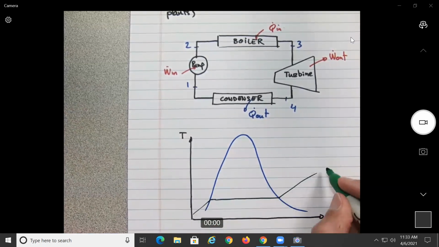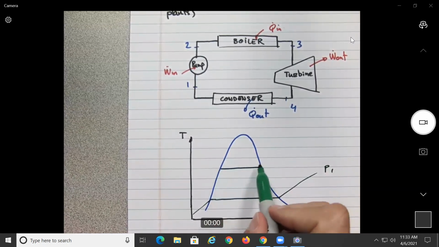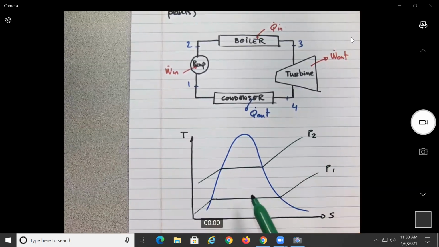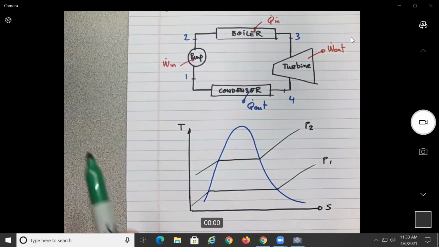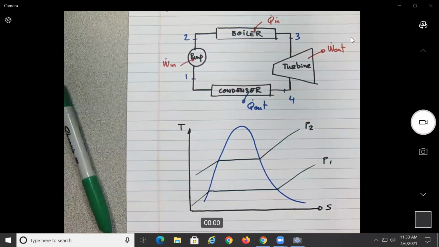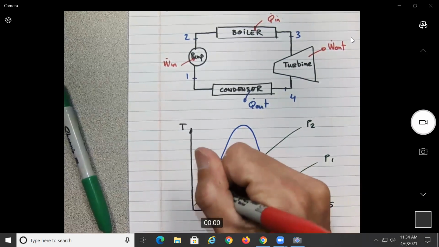So this could be a line P1 of pressure, and then you might have another one here. You remember in the TS diagrams, or TV diagrams, we have lines of constant pressure. So generally what happens is this. This is step one here. Obviously, this is the ideal case.